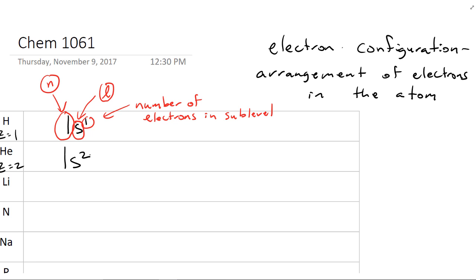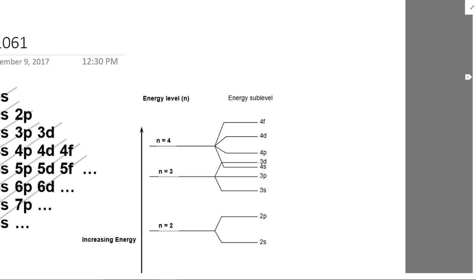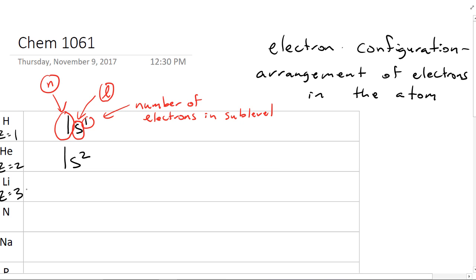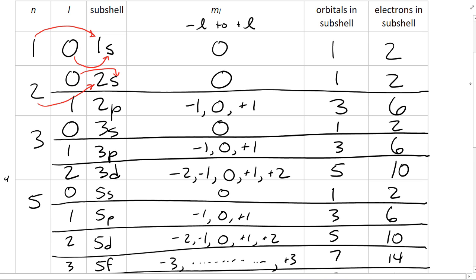We read it as 1s2. Now if we go on to lithium, lithium has an atomic number of 3. Right here, atomic number 3. That means it has a total of 3 electrons. And so now if we go back to our diagram, remember that the 1s sublevel holds a maximum of 2 electrons.